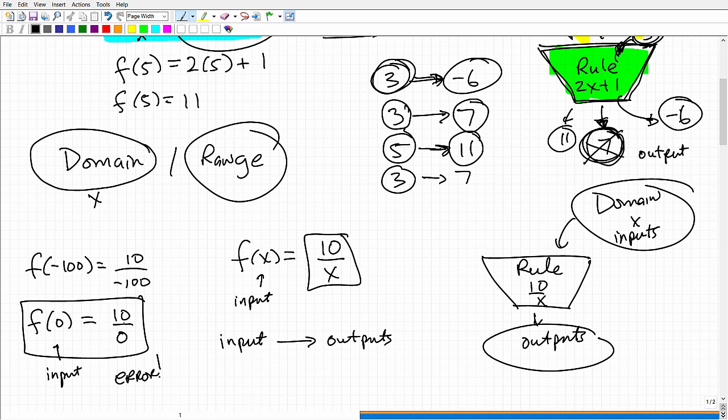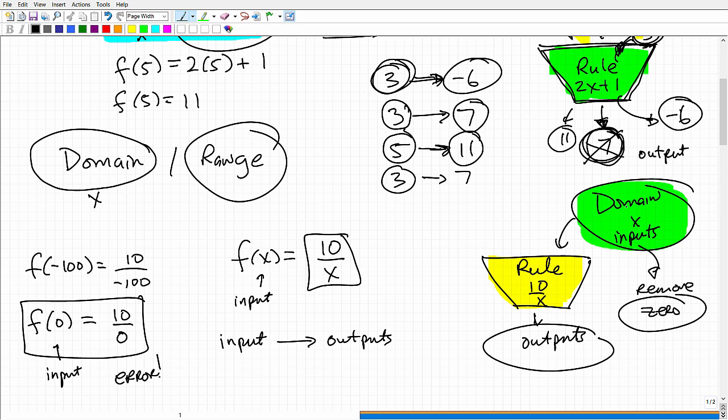So it's not allowed. In this particular function, we can plug in all numbers except 0. We have to remove 0 from our bag of input values. There are a lot of mathematical ways to express this, but basically our domain is not all numbers.